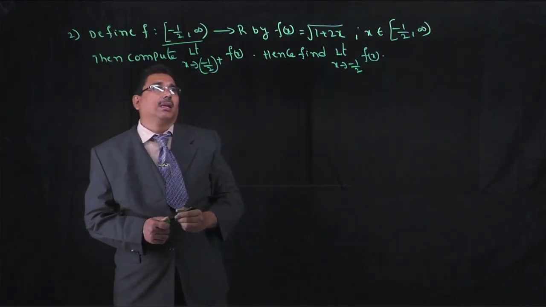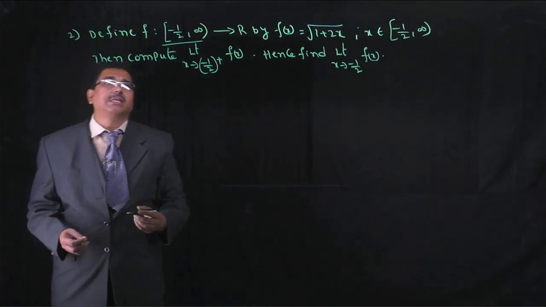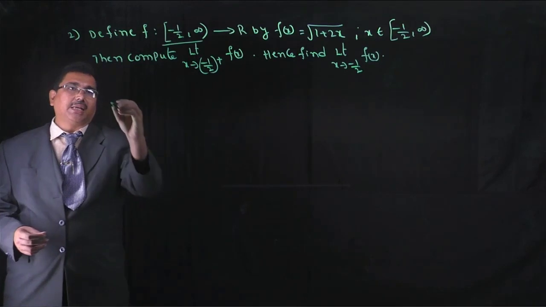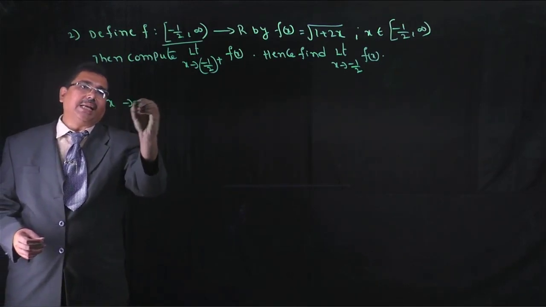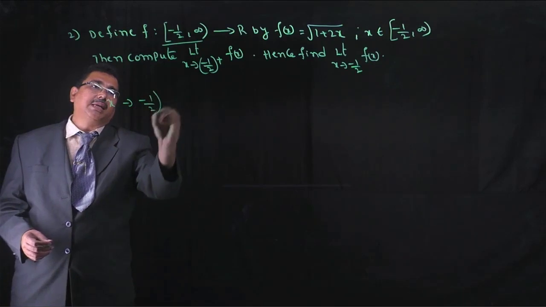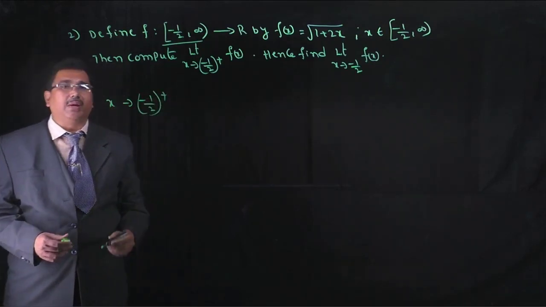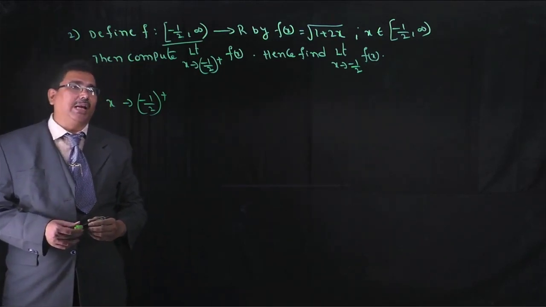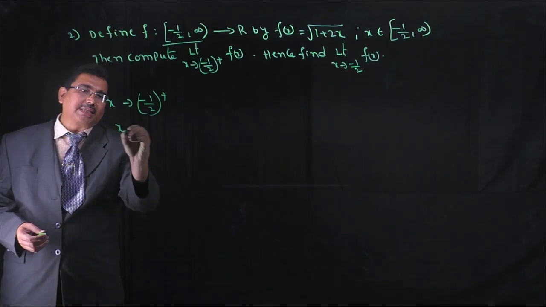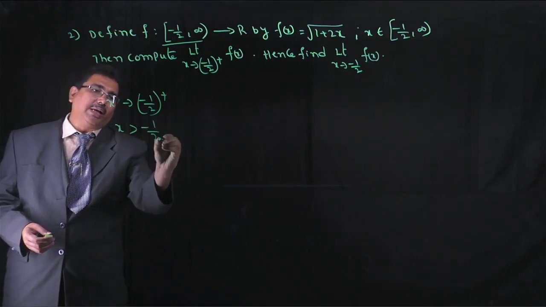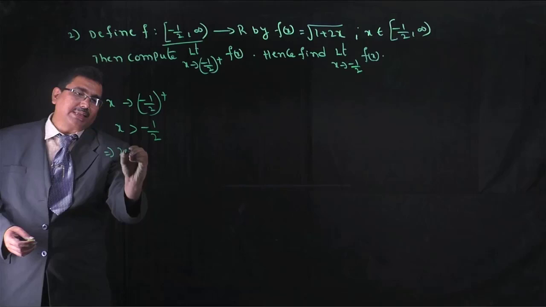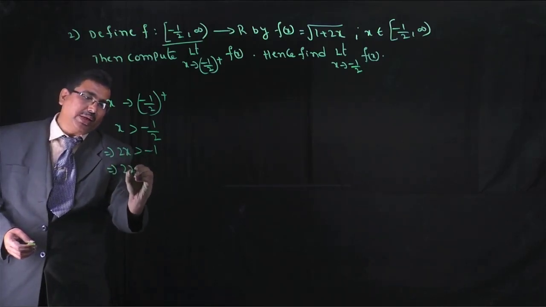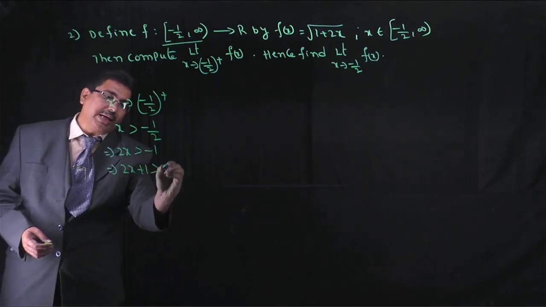Here compute limit x tending to minus 1 by 2 plus of f of x. As x tending to minus 1 by 2 plus, it means that x is greater than minus 1 by 2. That implies 2x is greater than minus 1. That implies 2x plus 1 is greater than 0.